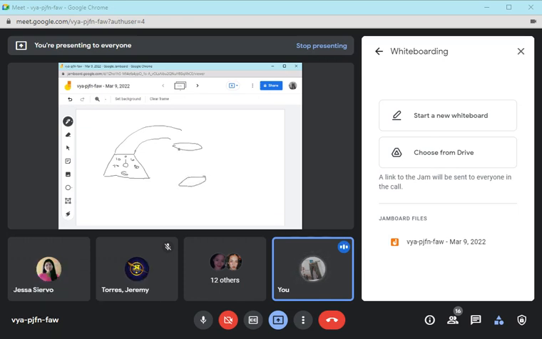Example, like this. Okay, this is the coil of wire connected here, here.